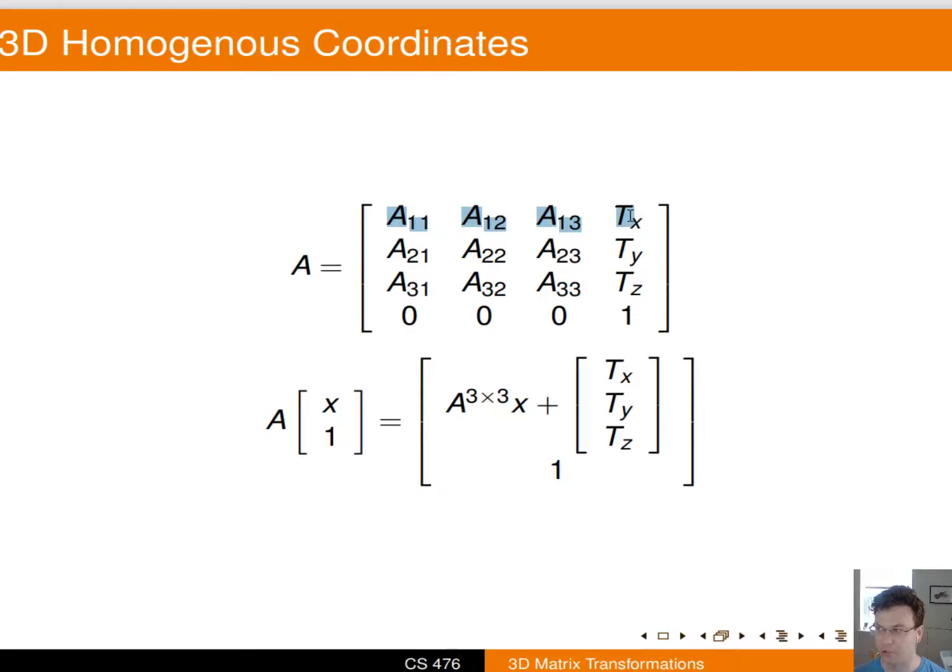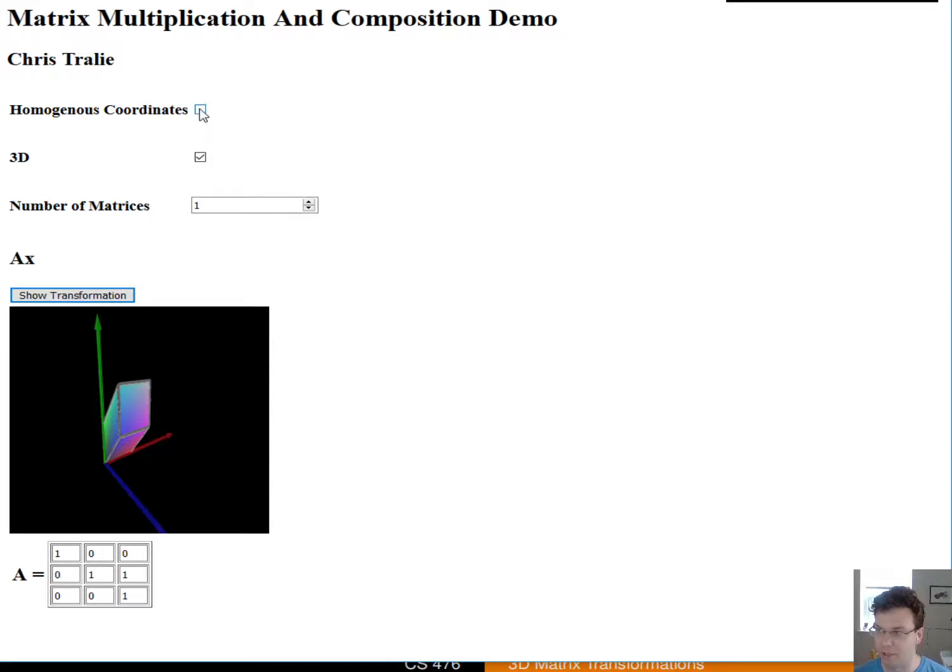So I take the dot product of the first row with this x, y, z, and 1, the dot product of the second row, etc. Then the result of that is multiplying the vector by the upper left 3x3 matrix, and then adding this translation vector. So that's how we can get a translation to happen for 3D vectors. So we just have to go up to a 4D matrix.